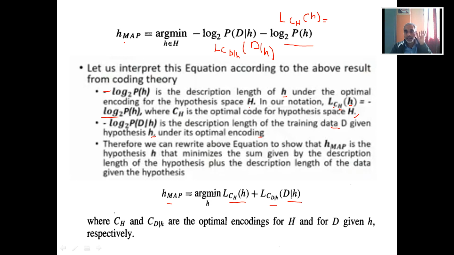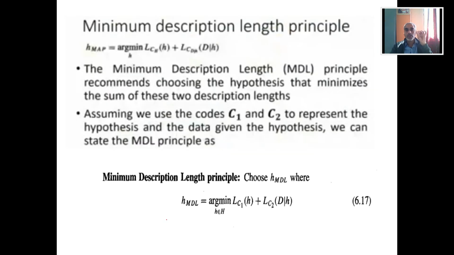So we will rewrite that particular equation as argmin of this term plus this term. Where C of H and C D given H are the optimal encoding schemes. One is for the set of all hypotheses. The next one is for the given data, the set of all data given hypothesis H. Right?